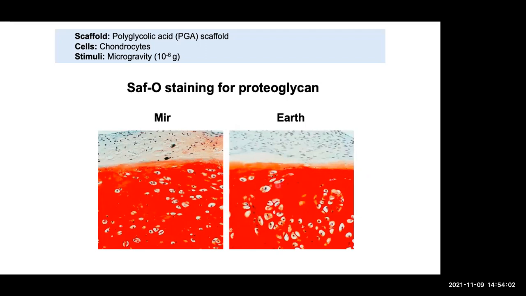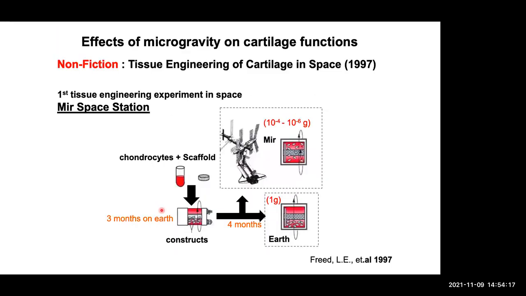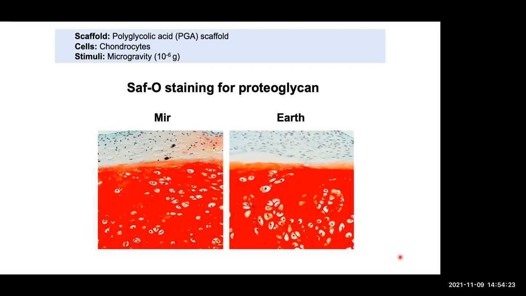On Earth, the cartilage is a little bit round, right? And then on Mir space station, it's the flat one, but they both function. So you can find and read more about this paper on this topic. In 1997, it's a classic one for growing engineered tissue in space.